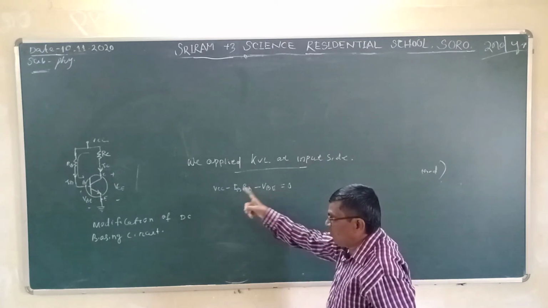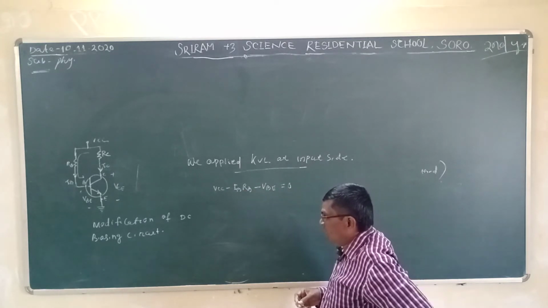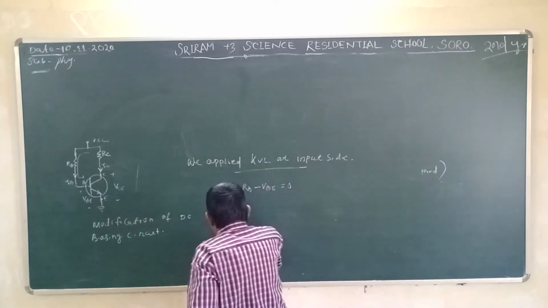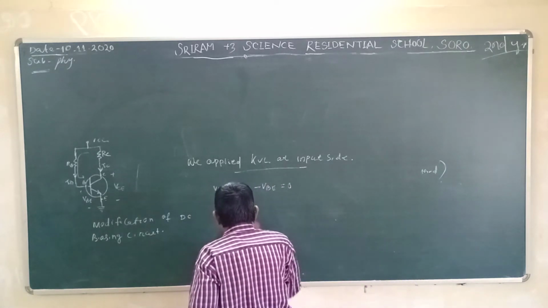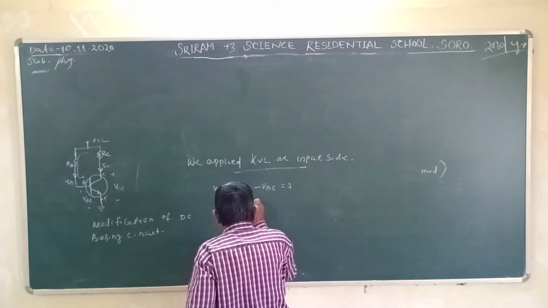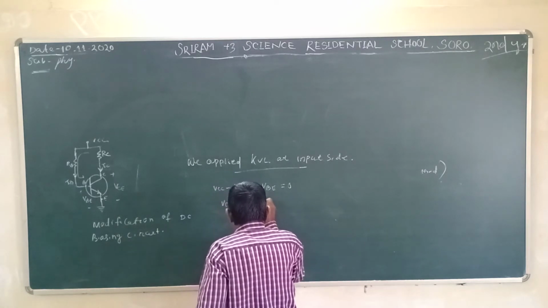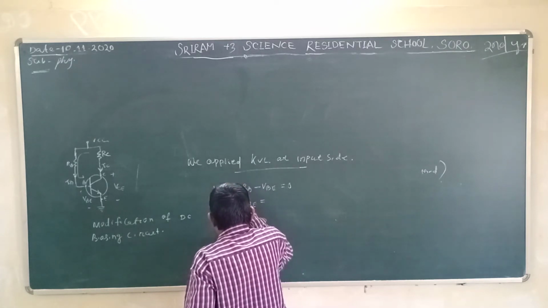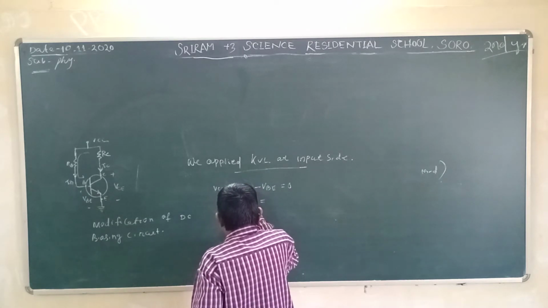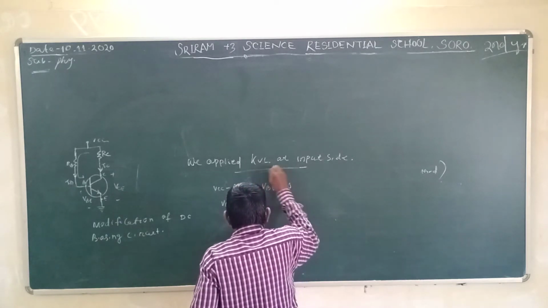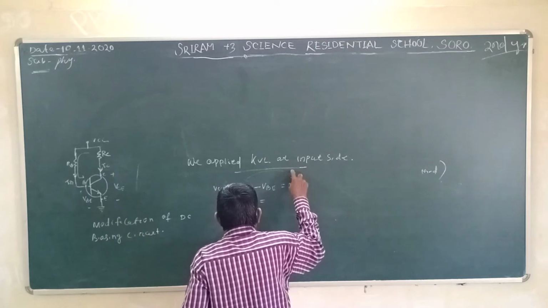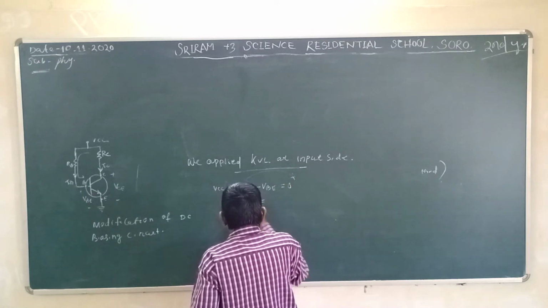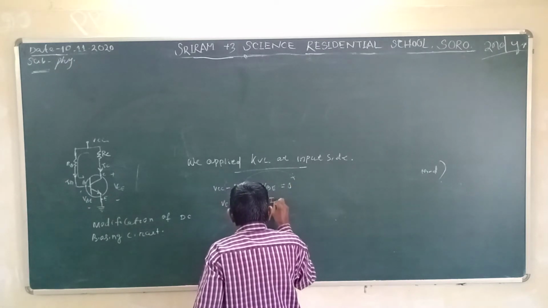So VCC minus VBE is equal to IBRB, with the negative value moved to the right side.